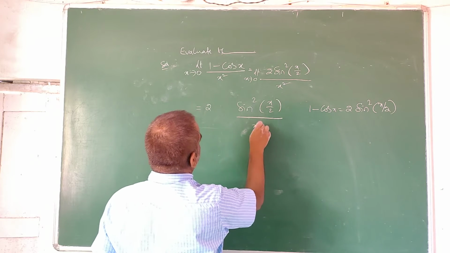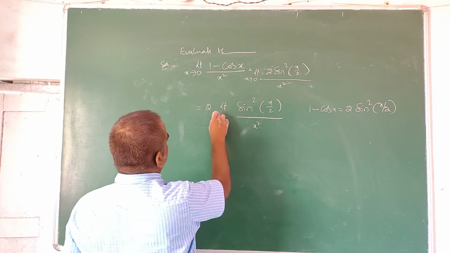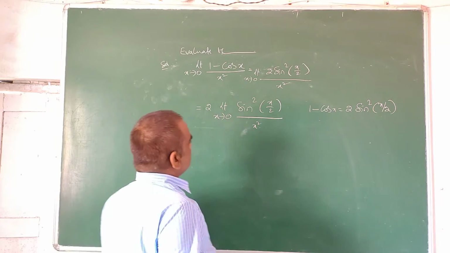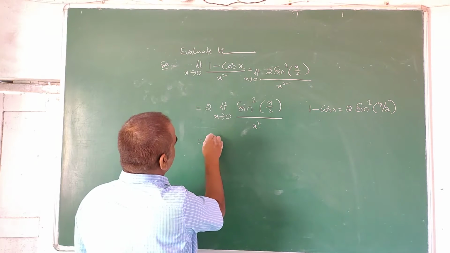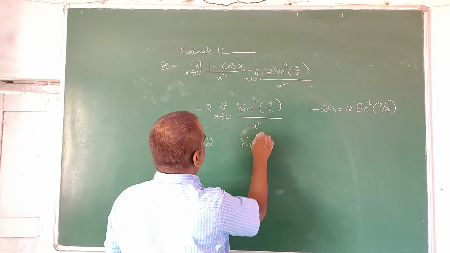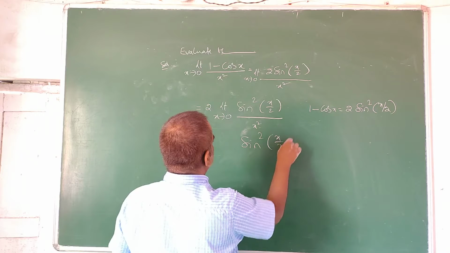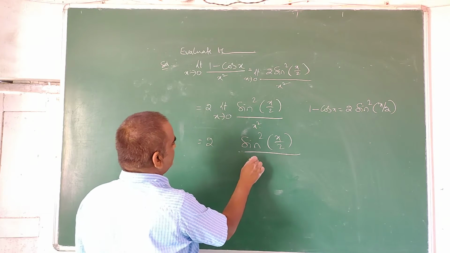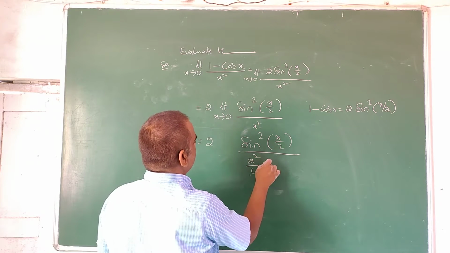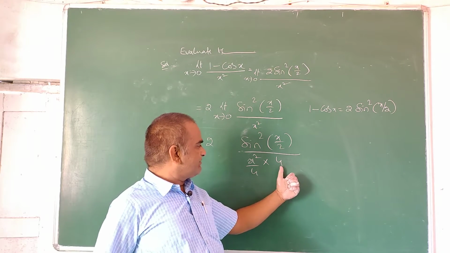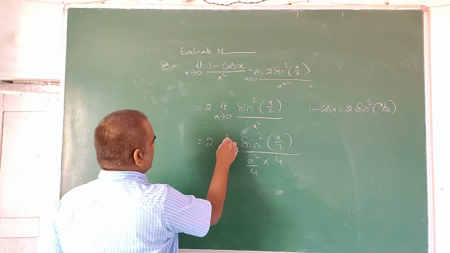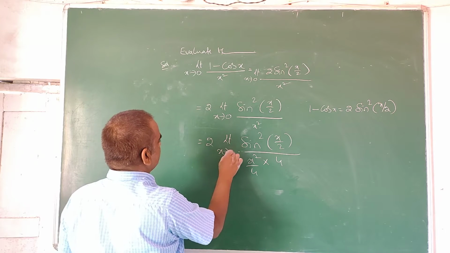Are you following? So this is equal to 2 into limit of sin squared x by 2 by x square. Now here you take x square by 4 into 4. So I divided by 4 and multiplied by 4 as limit x tends to 0.